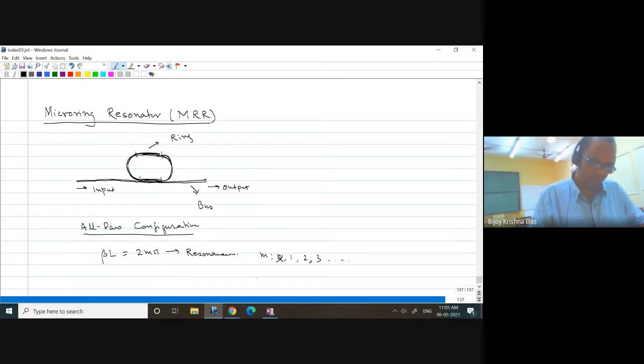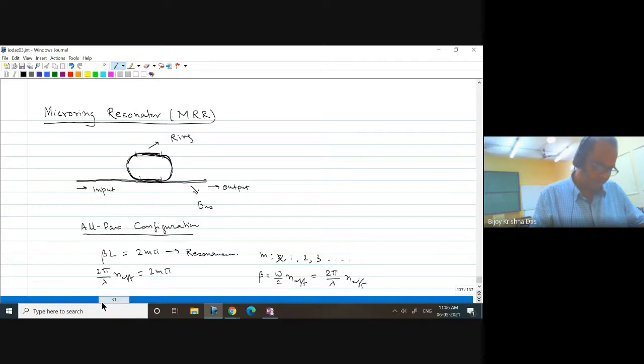And beta, you know what is beta? Beta equals omega by c times n effective, and sometimes we just write 2 pi by lambda times n effective, right? So if I put 2 pi by lambda times n effective equal to 2m pi, the right hand side m is discretized, m equal to 1, 2, 3, 4, and so on.